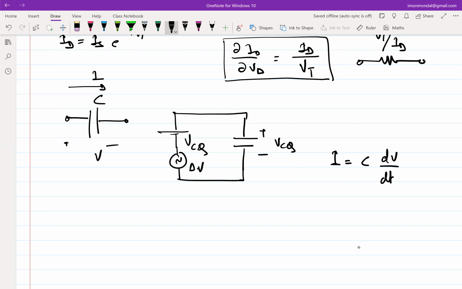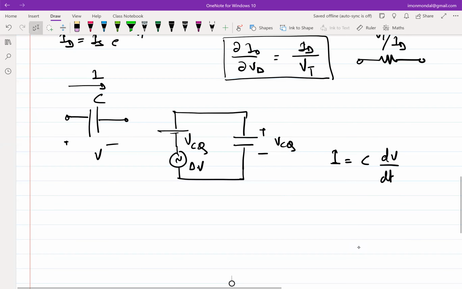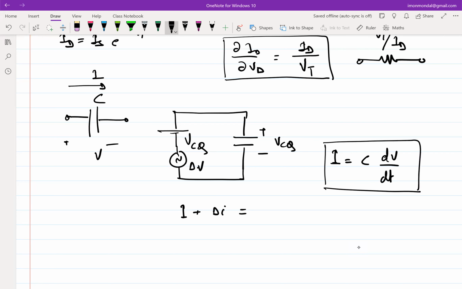So let's assume that we have perturbed the capacitor with a voltage delta V across the capacitor. So what should I get? So let's say I get a new current which is I plus del I, which will be equal to. Oh, by the way, one quick comment before I proceed. So the moment we say that I equal to C dV dt, we have made an assumption.